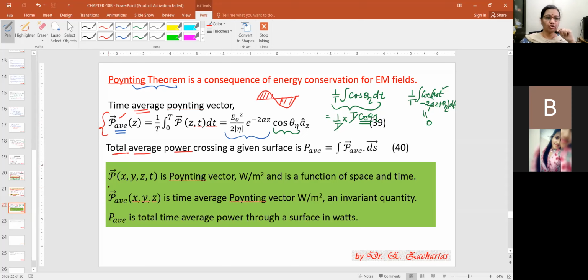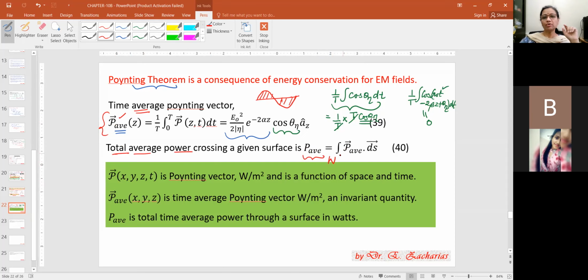So for that, what should you do? When you say power density, it was average power crossing a unit cross-sectional surface. But when we want for the total, what should you do? You have to do a total surface integration. So when you do that total surface integration, you get average power. It is not power density anymore. It is average power. Unit will be watt.